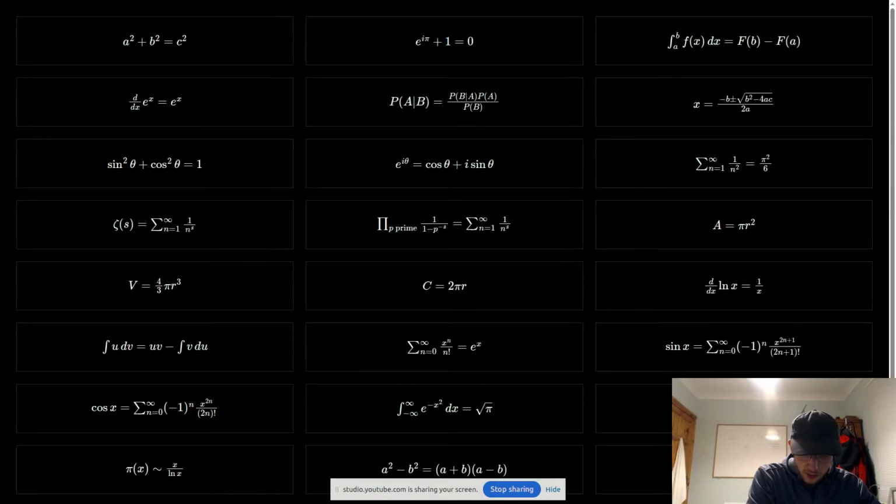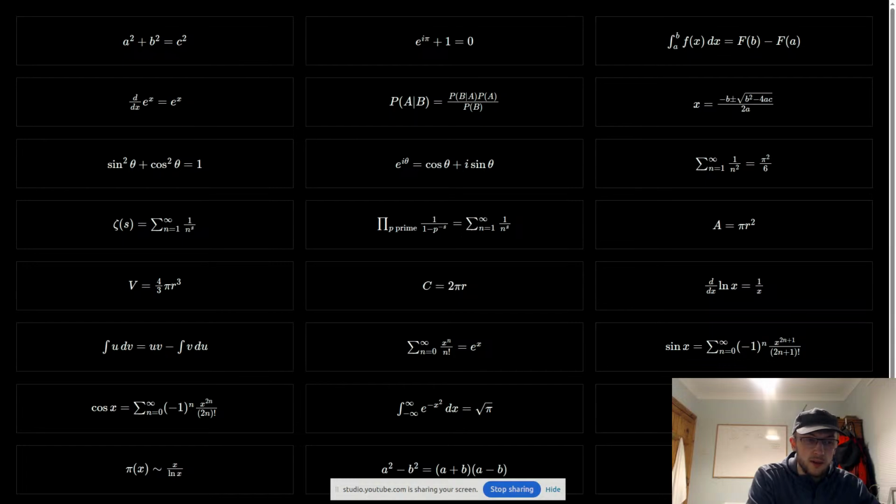Log base 10 of 2 is 0.301. And notice also that 2 to the power of 10 is 1024, which is very close to 10 to the power of 3. And this is quite handy for estimating the order of magnitude of powers of 2.